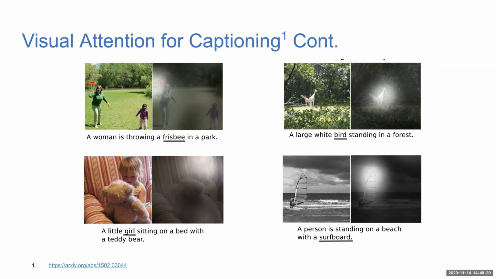Wait, I have a quick question about the output of the LSTM, because you said it would output a sequence of words, but is that this sentence, or is it the keywords, like the objects in the image? Sorry, what do you mean by the sentence versus the keywords? From what I know, with LSTMs you use many to many, so you pass in all of them and get some output that's a sequence.